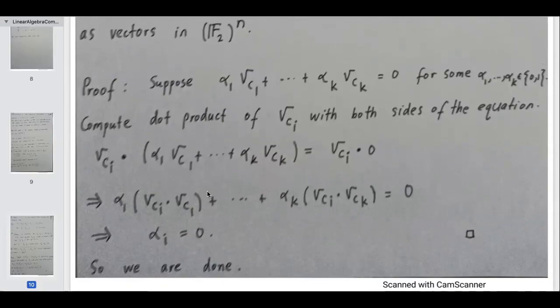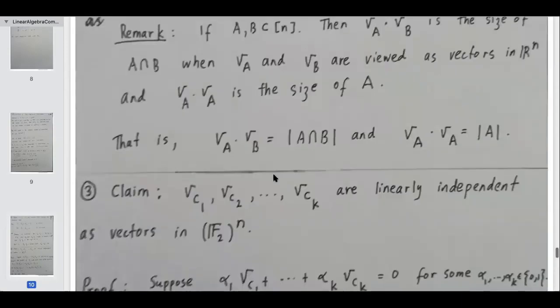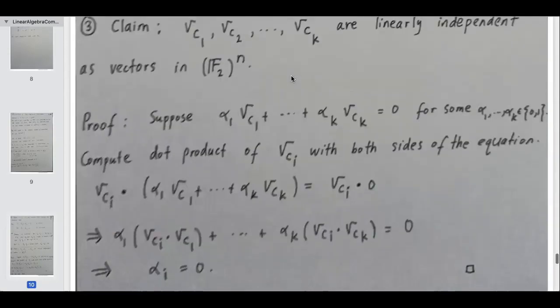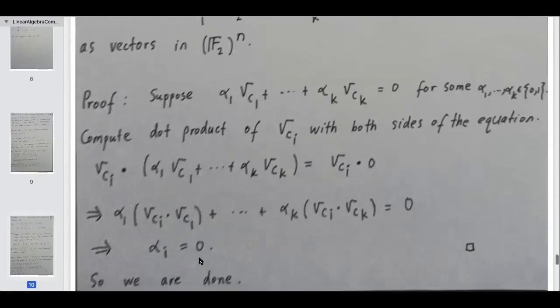Similarly for a general i, only the ith term will remain. And what will be the ith term? It will just be alpha i vCi dot vCi. But vCi dot vCi by property 1 is just equal to 1. So we get alpha i is equal to 0. So this is what we wanted to show.